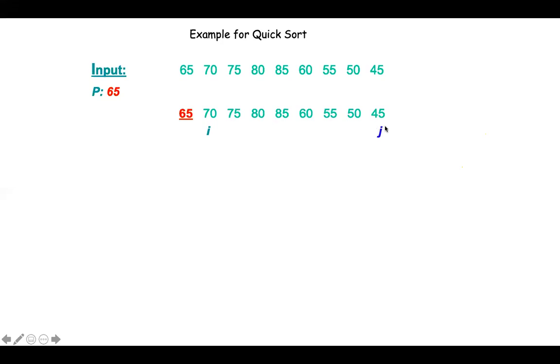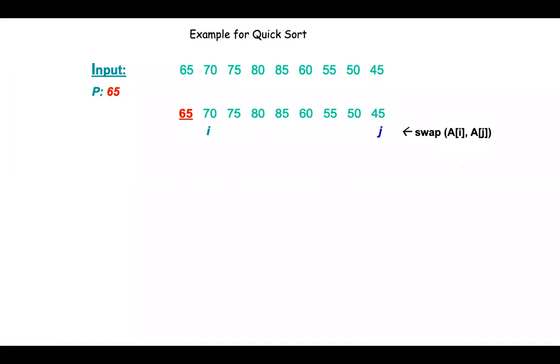Then we will decrement the j value until a of j is less than the pivot element. So i was at 65, I have incremented it, a of i is greater than 65. Next, decrement j, a of j is less than 65. Next, what are you going to do? We are going to swap these 2 elements.